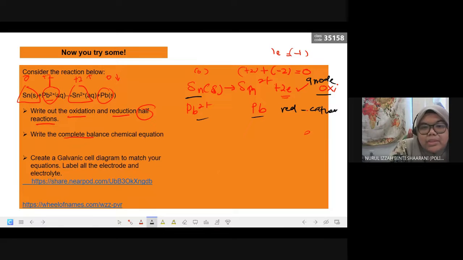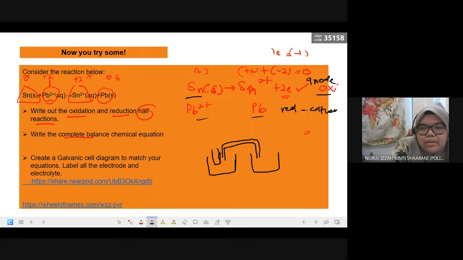Okay, so to set up the galvanic cell, as we know that we need to have 2 different beaker ataupun container, to separate between the cell. Okay, so kita akan lukis balik lah. And then we have a salt bridge to maintain the electrical neutrality.